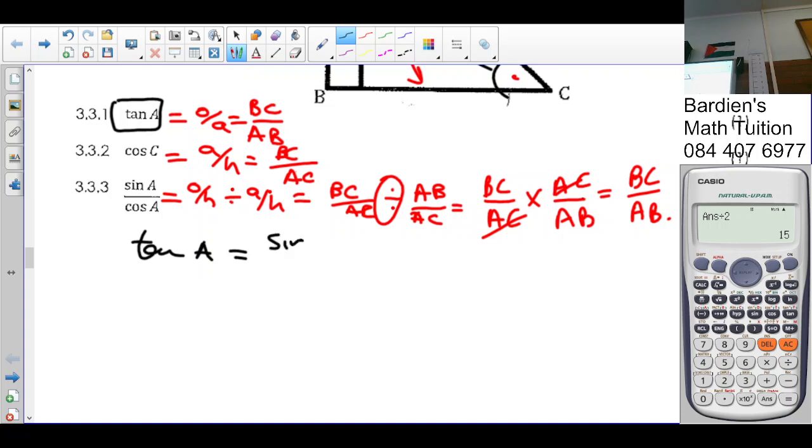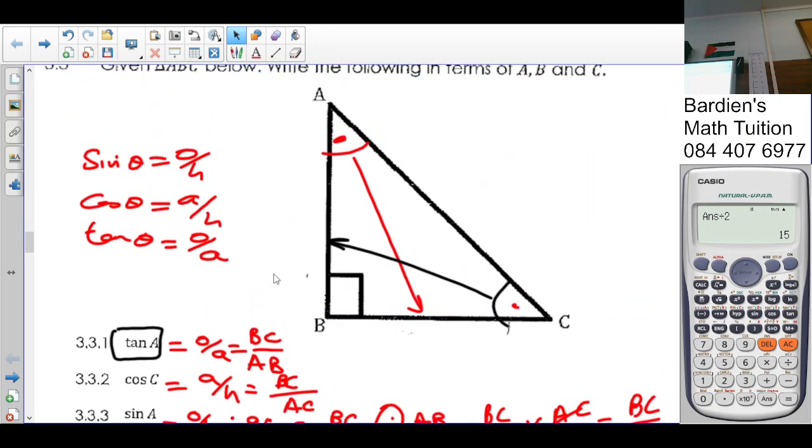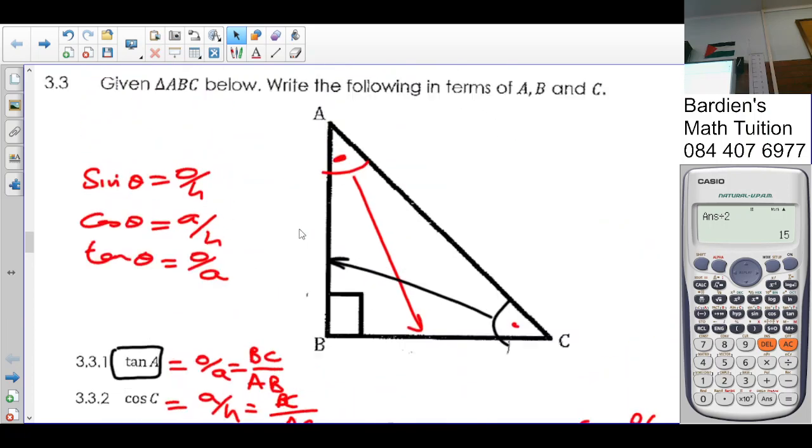And sine of A over cos of A is also BC over AB. So that means to say that tan of A will always be equal to sine of A over cos of A. And that's an identity we'll look at sometime in the third term. We'll do some playing around with identities and so on.